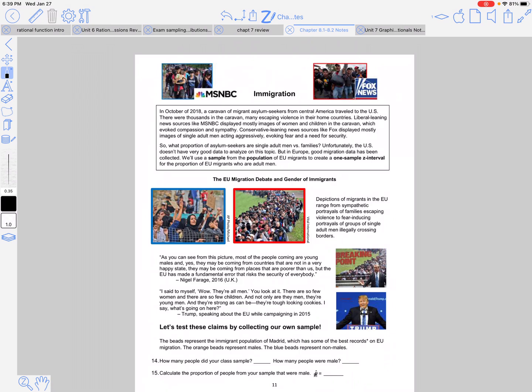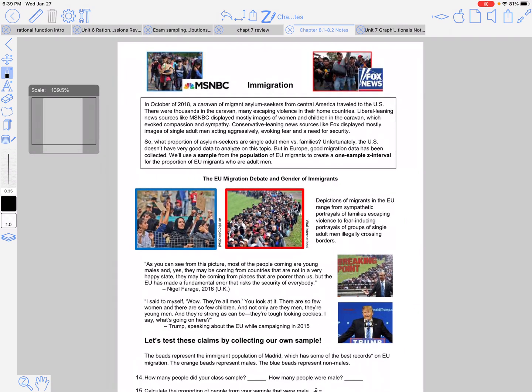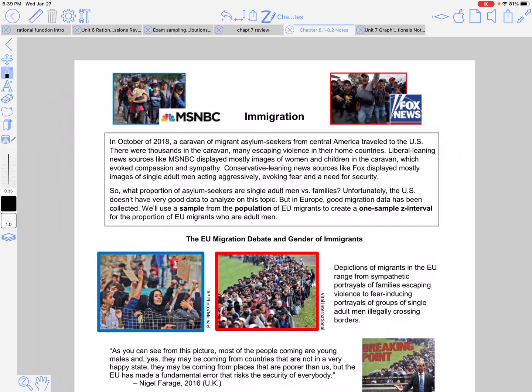All right, so let's get a little bit deeper into this. I'm not trying to get political here, but just in general, it's kind of known that liberal media sways more towards, like, let's be really nice and help everybody and use our tax money to help those in need, right?